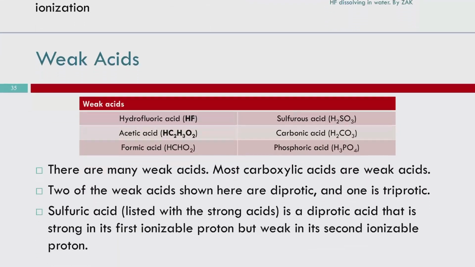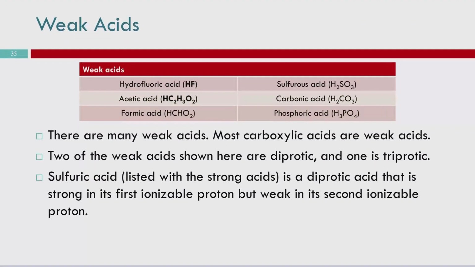For weak acids, there's a lot. And there's 2 that are important for you to memorize. Those are hydrofluoric acid and acetic acid. Hydrofluoric acid is the one that shows up in Breaking Bad that they use to dissolve a bathtub unintentionally. And acetic acid is the one that is in vinegar. It's HC2H3O2.